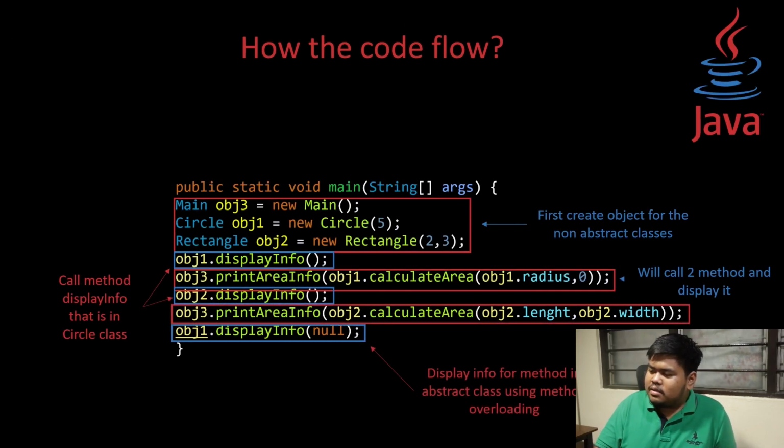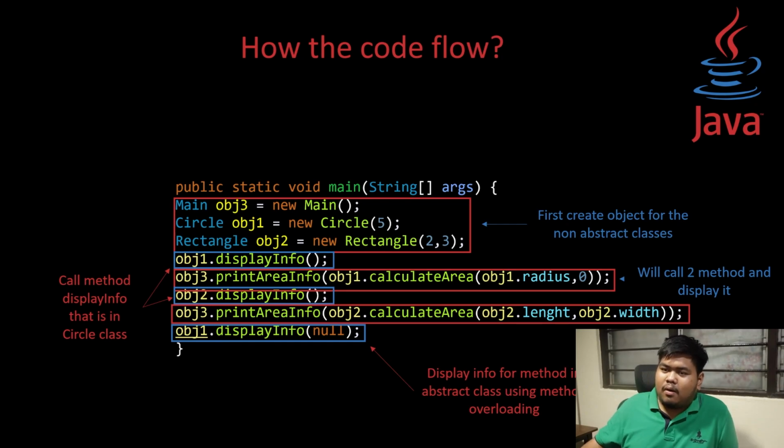And here is the last one, which is quite important because we want to display all the displayInfo methods. Because if you remember in the code I showed you earlier, the abstract class has one more method, which is displayInfo, and displayInfo has some output that you want to output.